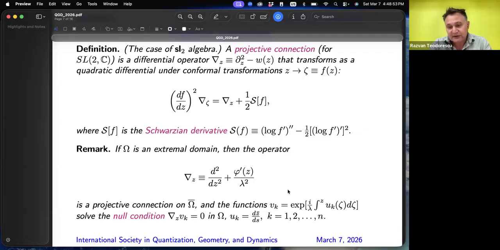One of them will annihilate the functions that are defined starting from the boundary components, let's say, inside the domain, and the remaining one will be associated with the outer boundary component.